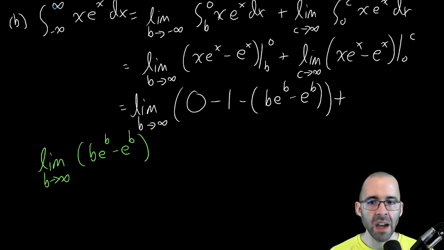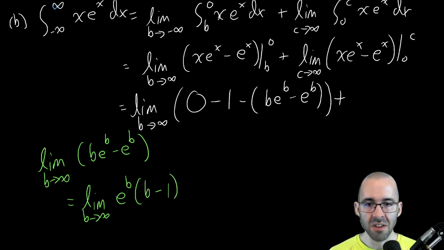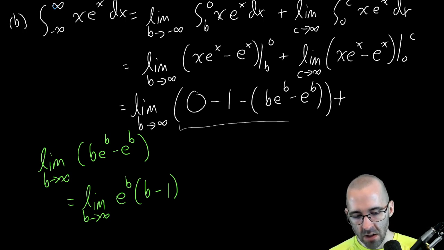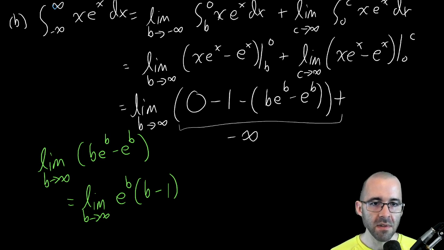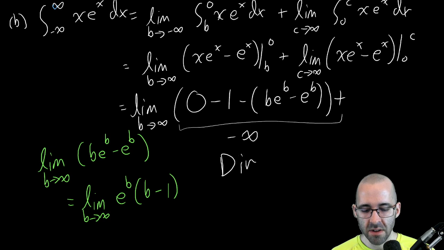Again, that's infinity minus infinity. So we're going to factor e to the b out. We're left with b minus 1, just like before. They're both going off to positive infinity. So this whole thing is going off to negative infinity. It doesn't even matter what else is here. We know it diverges.